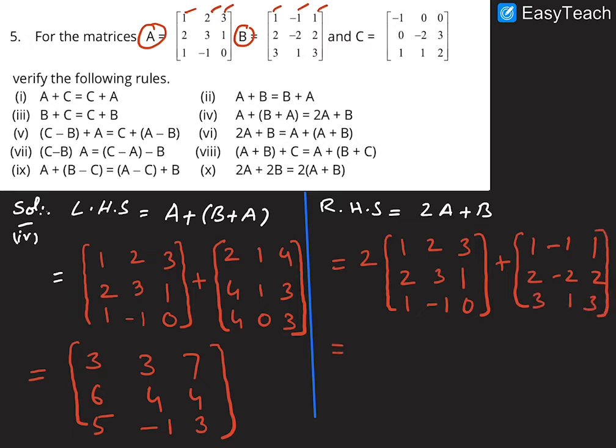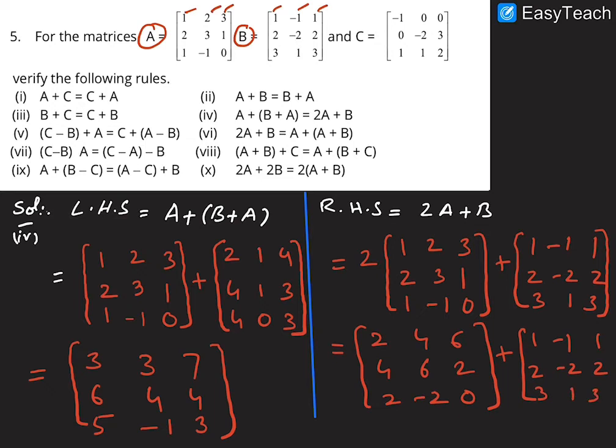So once you multiply 2 with each element, 2, 4, 3 times 2 is 6, you will get this one. Plus this B: 1, minus 1, 1, 2, minus 2, 2, 3, 1 and 3. So this will be equal to, I am writing here.